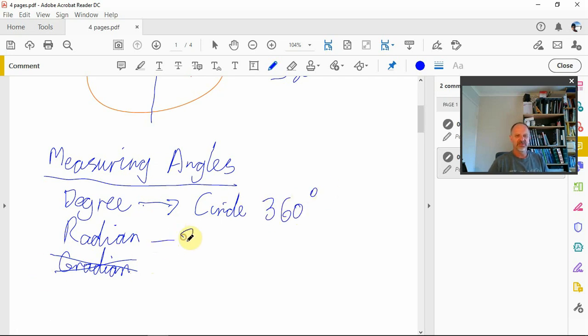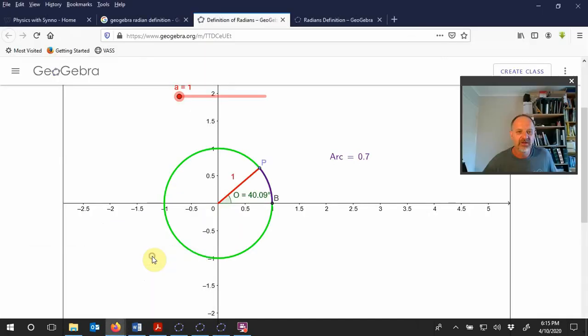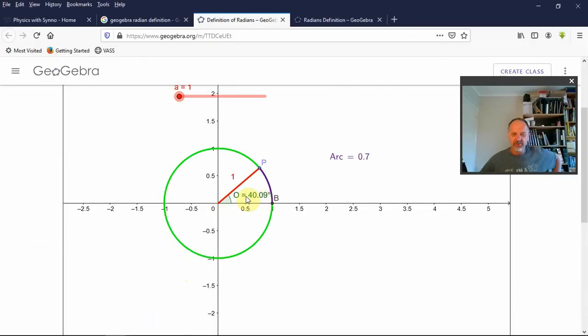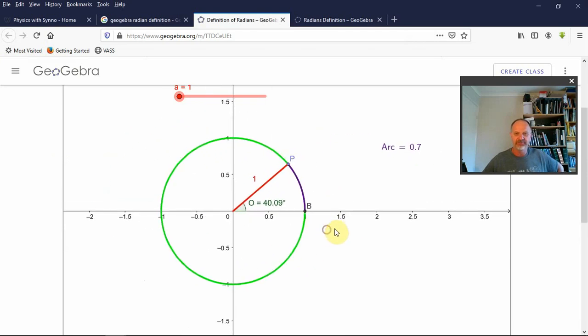So what is this radian? All right, so this radian, let me bring up my, here we go. So here, for example, we've got 40.09 degrees. We've got a circle here, 1 unit. Okay, so remember that's what we're looking at, a circle of 1 unit. And it's telling us that the arc, so this length here, is 0.7.